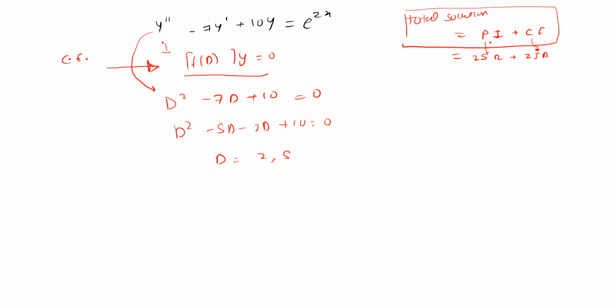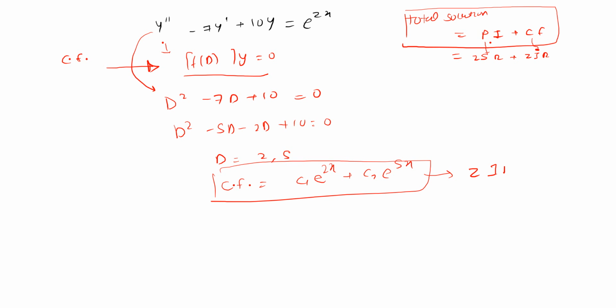So we got the two roots, 2 and 5, and now we create the CF. The CF is C1 e^(2x) + C2 e^(5x). This is the zero input response, where we do not have to apply any kind of input.